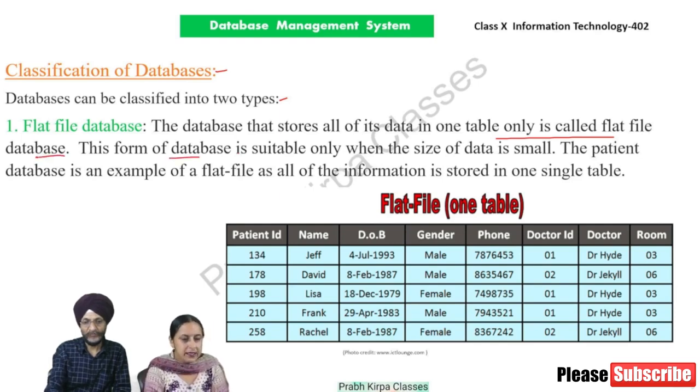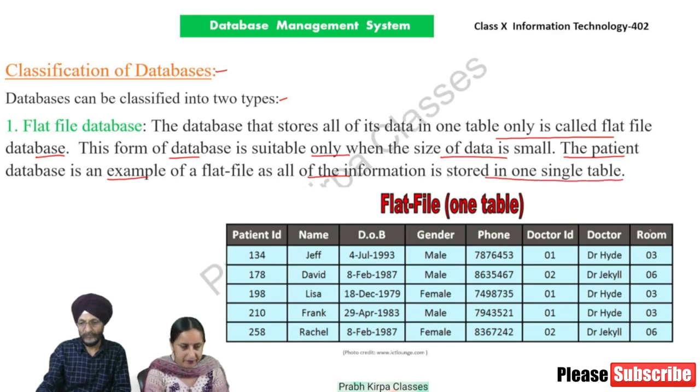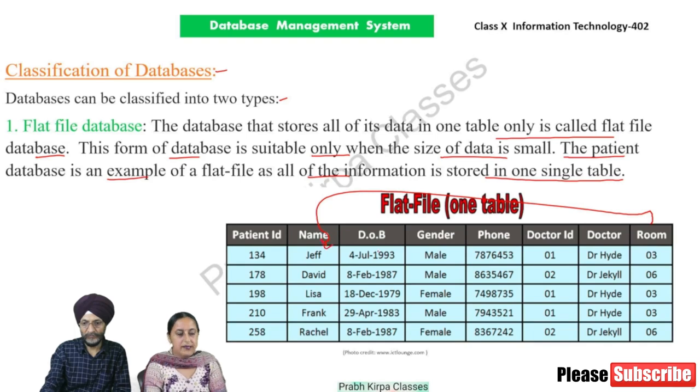This form of database is suitable only when the size of data is small. The patient database is an example of a flat file as all of the information is stored in one single table. You will find from the single table what is the room number allotted to a particular patient, what is the name of the doctor which is treating a particular patient, etc.